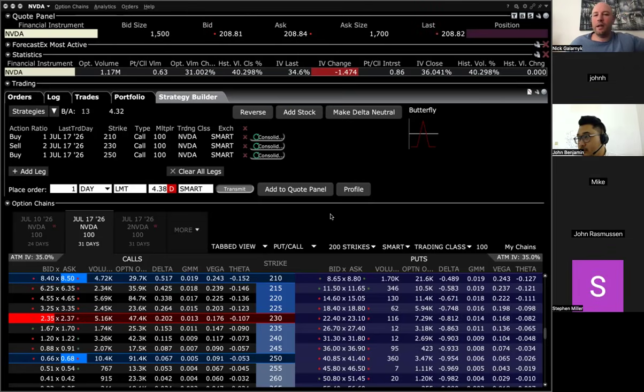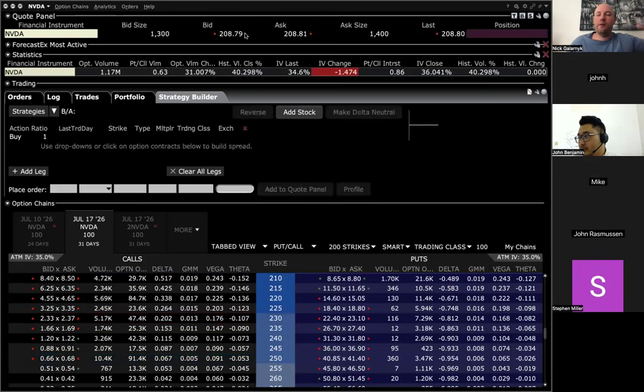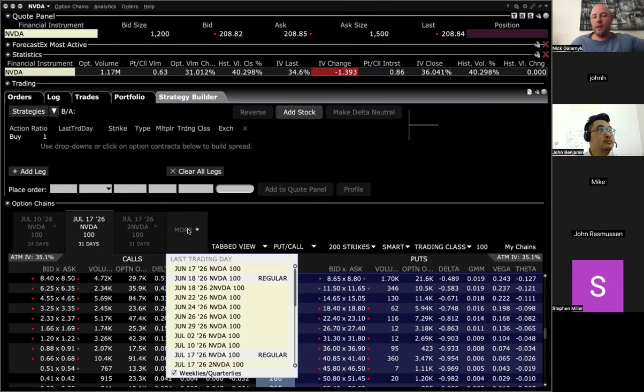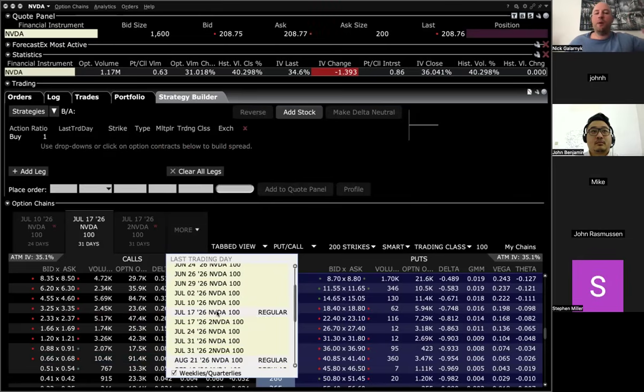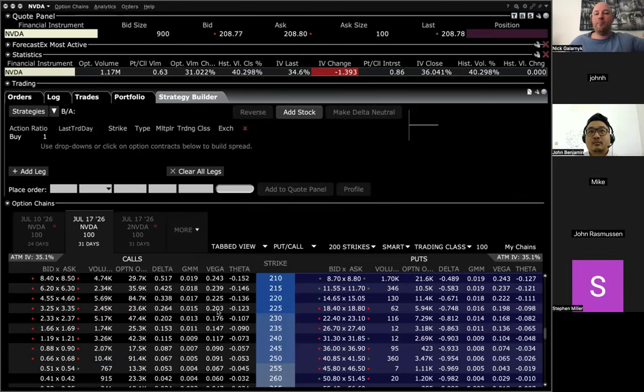So a caller is where you own 100 shares, for example, let's say 100 shares of NVIDIA right here. What you could do, and this is kind of a cool strategy too, is use something called a calendar caller. I'll explain a caller first. Let's say you bought 100 shares right now. You say, you know what? I'm going to cap my gains, but I'm going to cap my losses as well over the next 30 days.